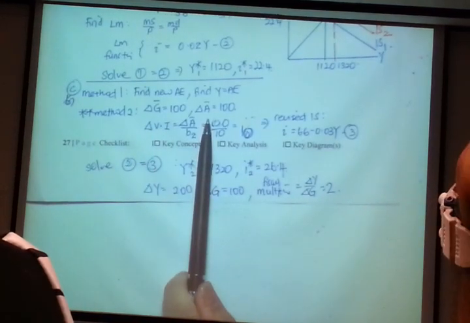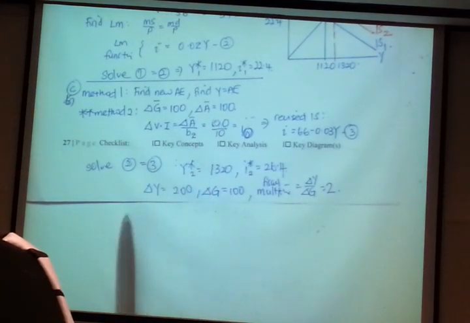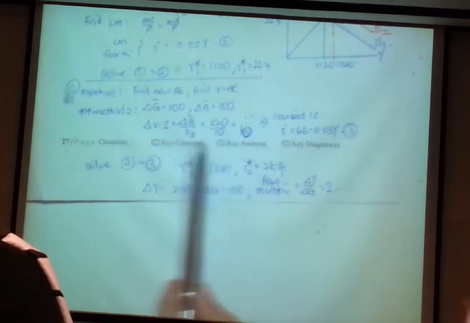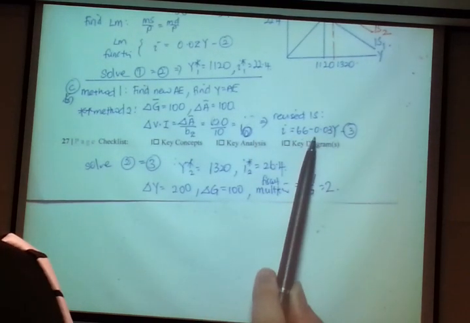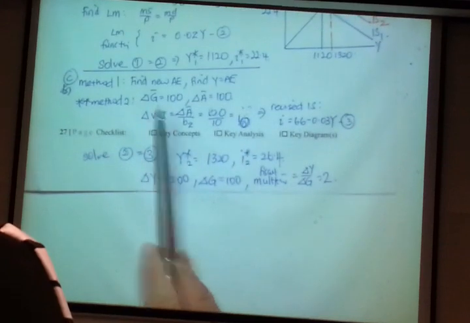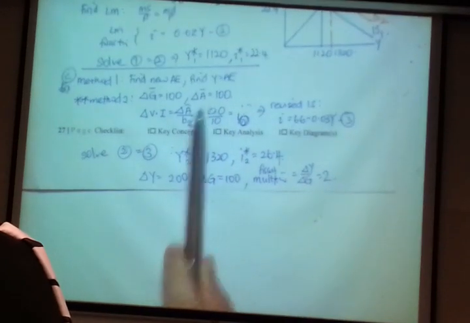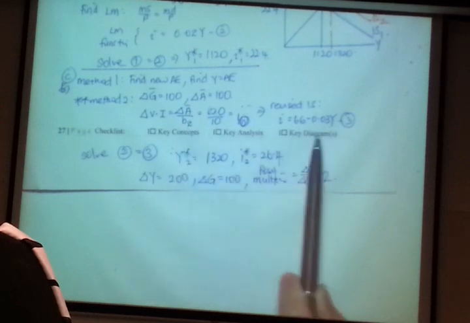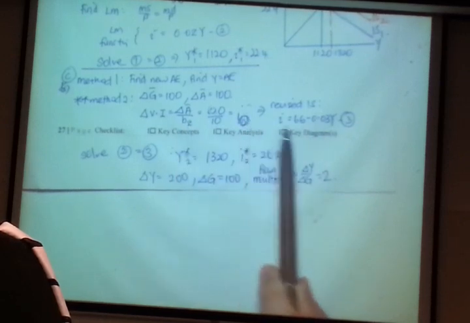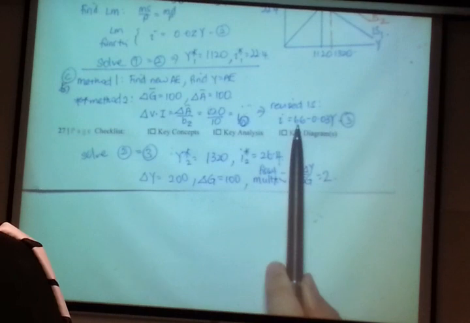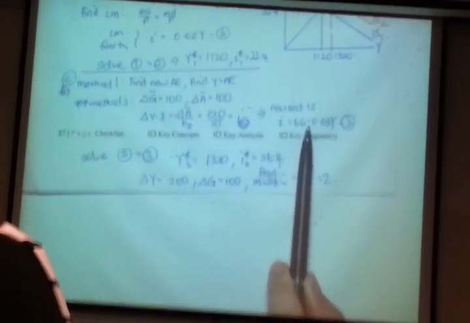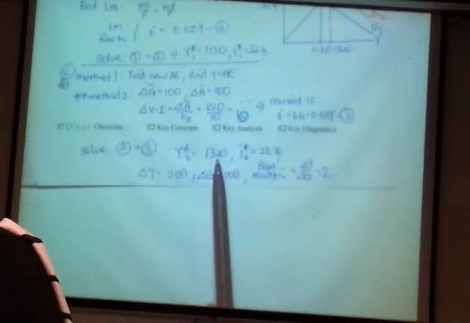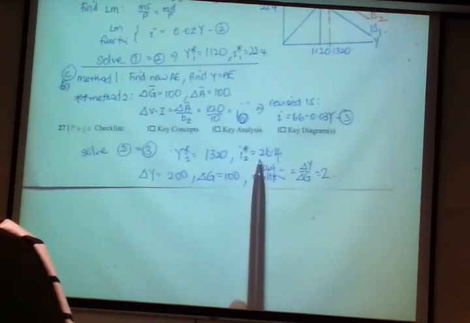I prefer you to use method 2, which is a more simplified manner to get your new IS, because you know your G bar affects your A bar, which affects the intercept. So you merely go to your IS function and add 10 to the intercept. From an intercept of 56 it becomes 66. Then you solve again for your income and interest rate.